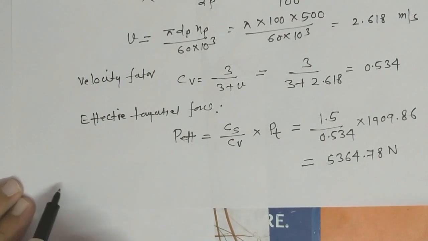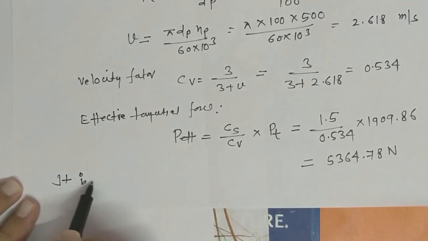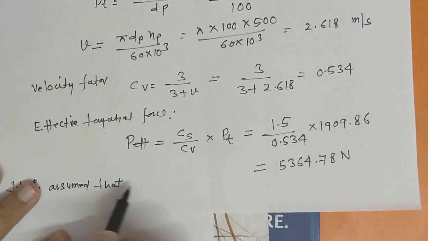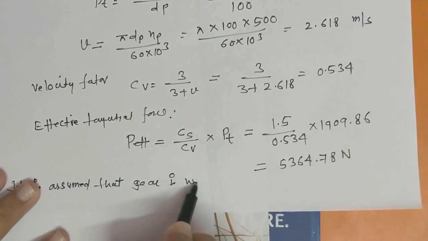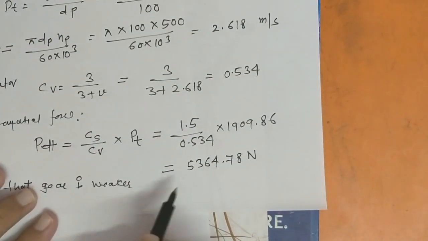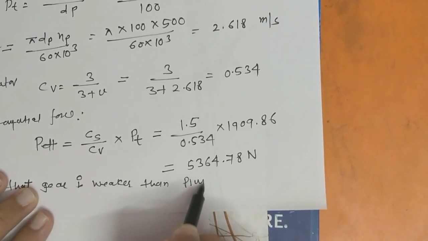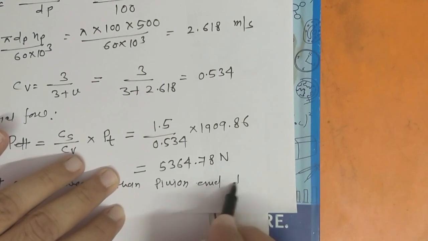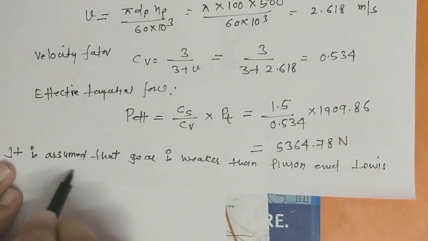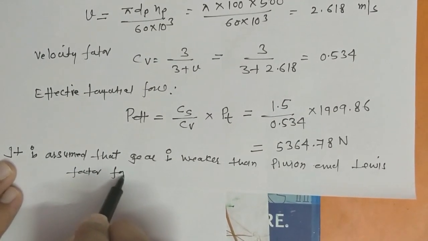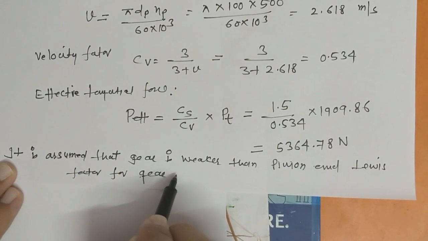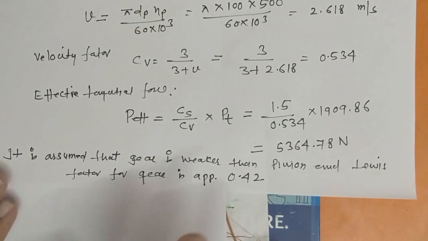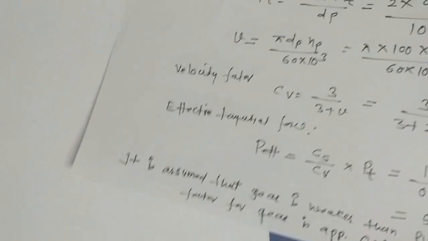So at this point we assumed that the gear is weaker than the pinion, and the Lewis form factor for the gear is approximately 0.42. So we assumed these values.